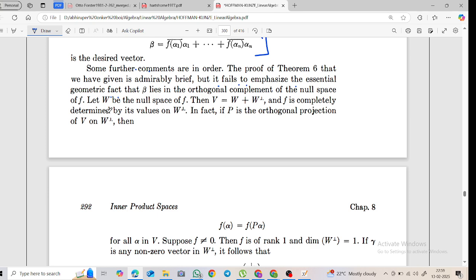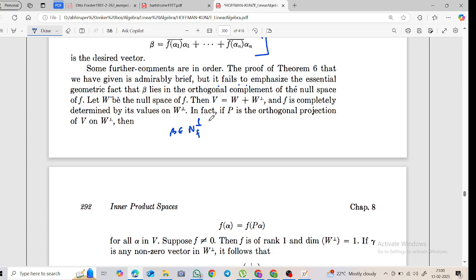Beta lies in the orthogonal complement of the null space of F. So they are saying that beta belongs to the orthogonal complement of NF.